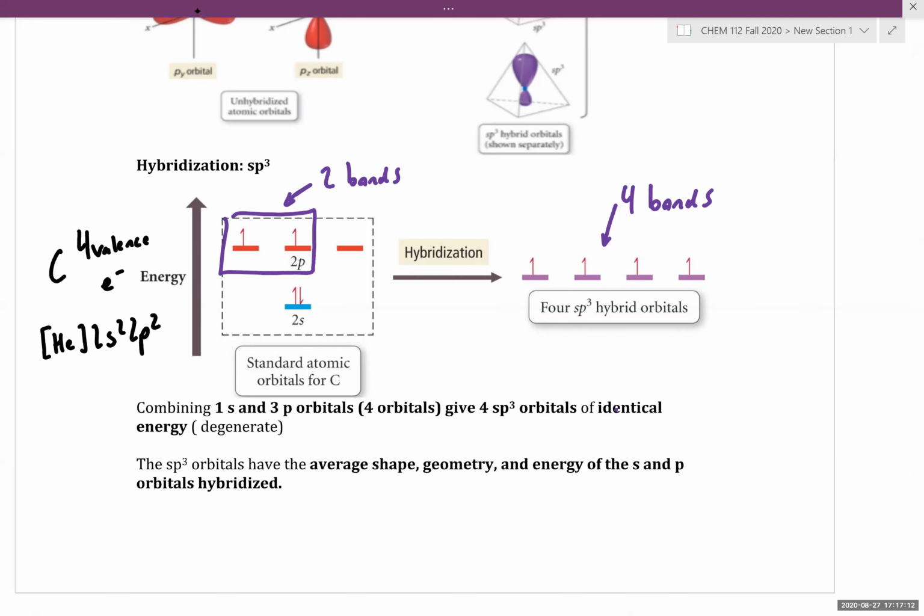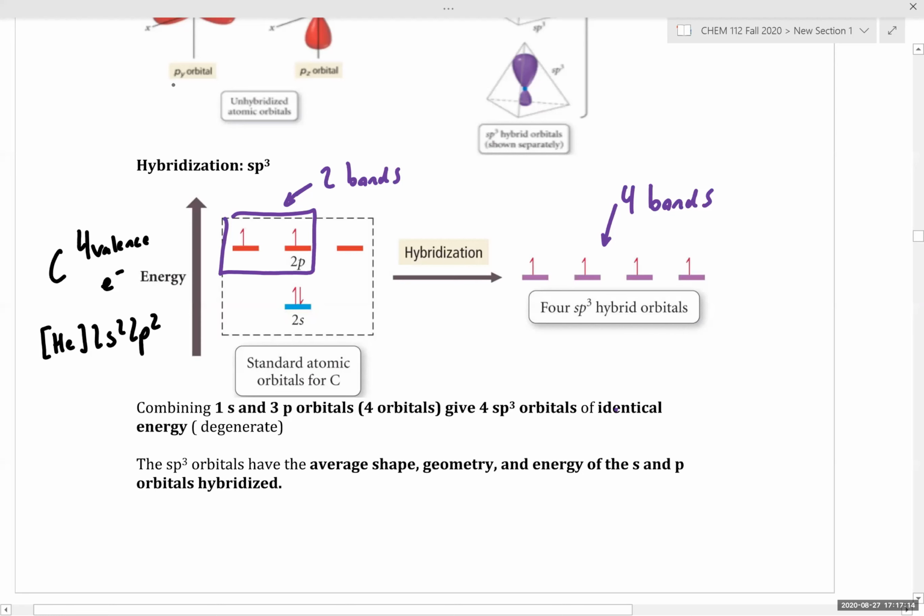Now, one thing to note, the sp3 orbitals have the average shape, geometry, and energy of the s and p orbitals hybridized. When you think sp3 orbitals, I'd like you to think relatively high energy hybrid orbitals. Why is that?